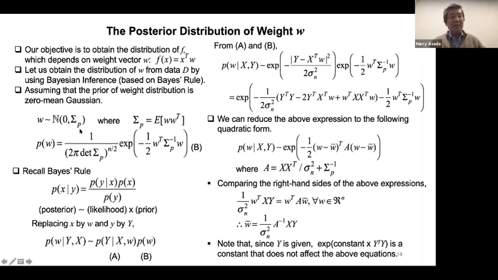Sigma p is the covariance of W, which is normally distributed with zero mean. Zero mean is a reasonable assumption. In some way we provide sigma p, and its definition is this. So the probability distribution of W is given by this normal distribution.